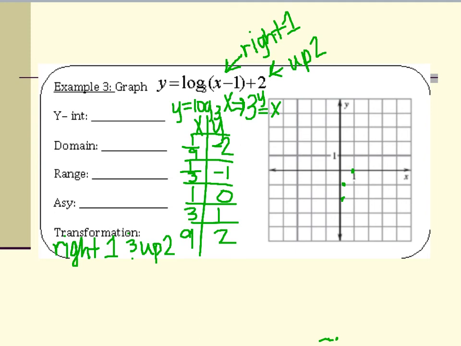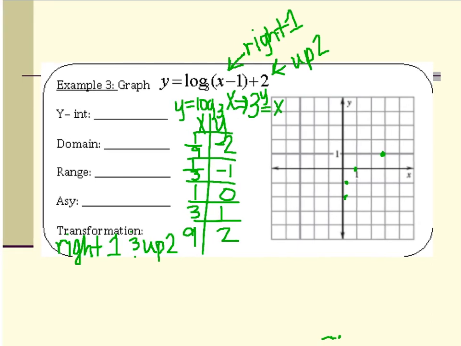3, 1 would be the point right here. And then 9, 2 is going to be off of our graph. Let's now take these 3 or 4 points in green and make this right 1, up 2 movement.